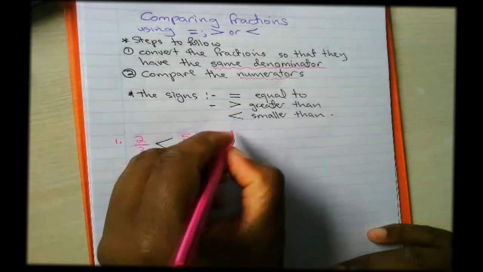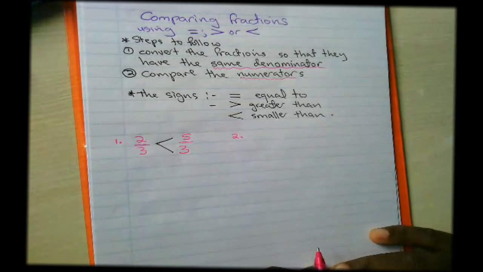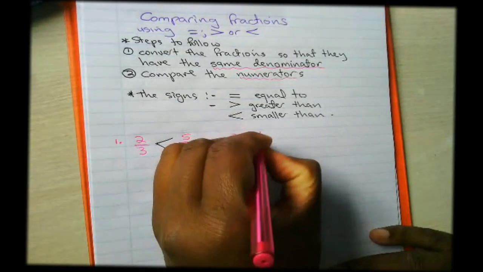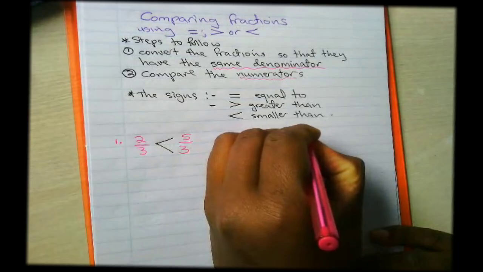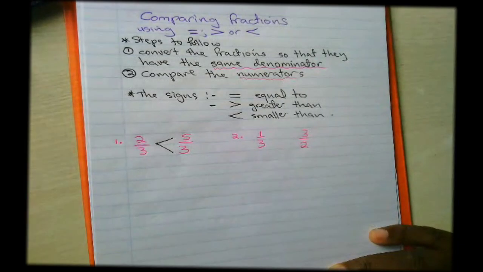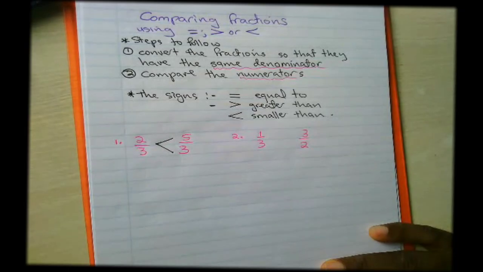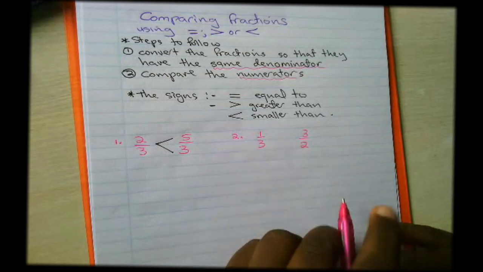And then let's look at another pair of fractions. I have 1 over 3 and 3 over 2. How do we convert these fractions so that they have the same denominator?